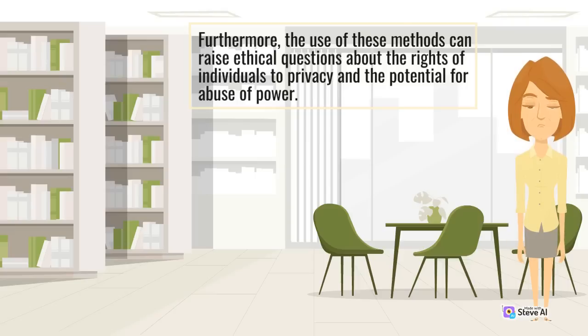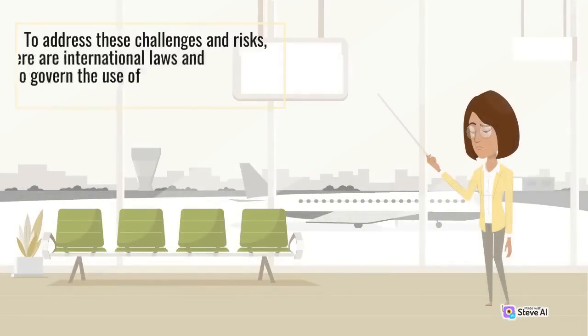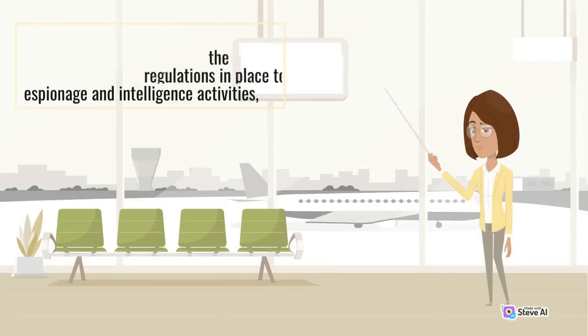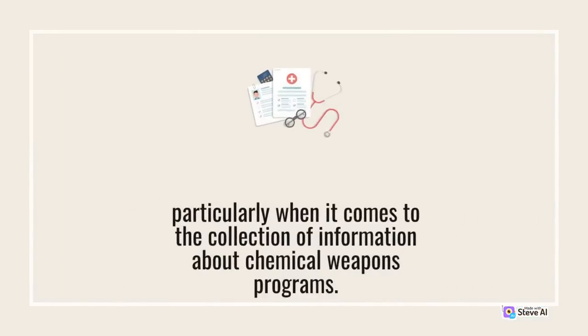To address these challenges and risks, there are international laws and regulations in place to govern the use of espionage and intelligence activities, particularly when it comes to the collection of information about chemical weapons programs.